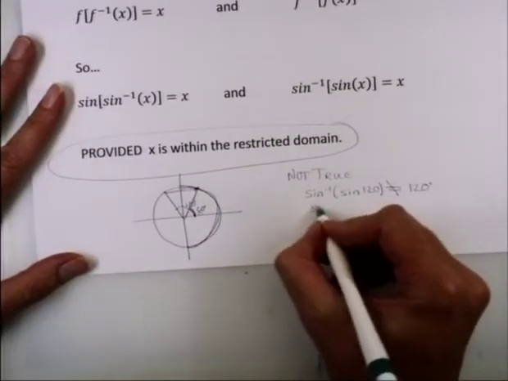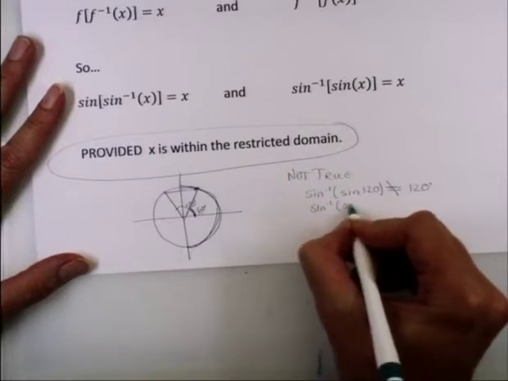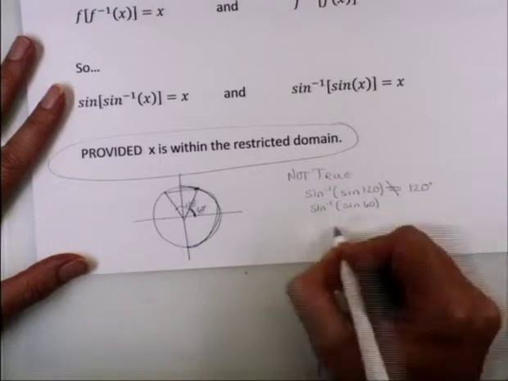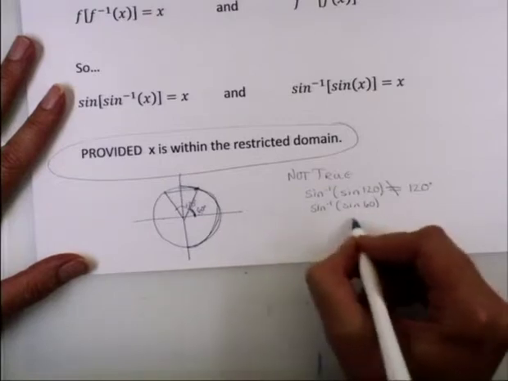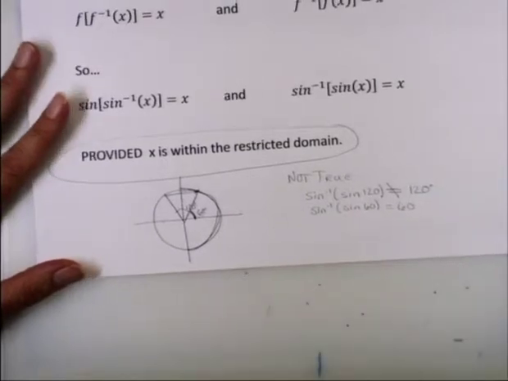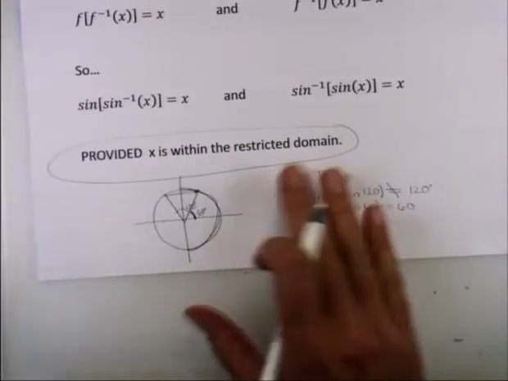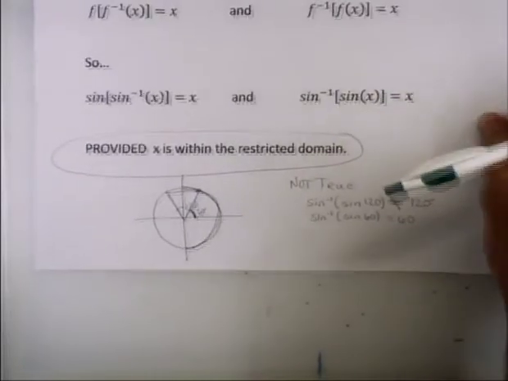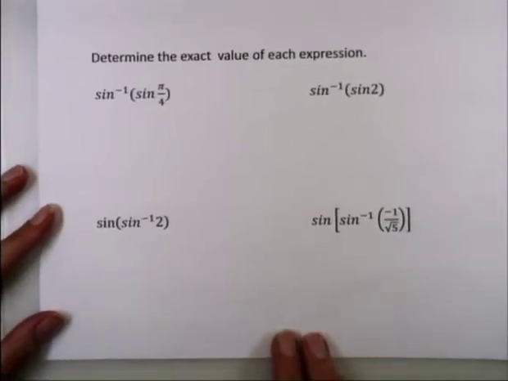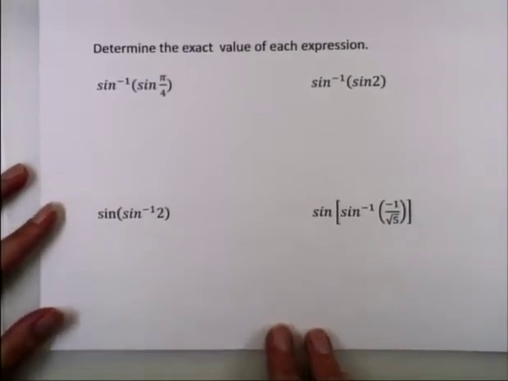So the sine inverse of the sine of 120 is an equivalent statement to the sine inverse of the sine of 60, and this equals 60. That's why we're getting a different answer. We'll look at some examples, and we'll spend more time on sine than on the other ones so we can get a better grasp of this. Let's look at a few of these together.